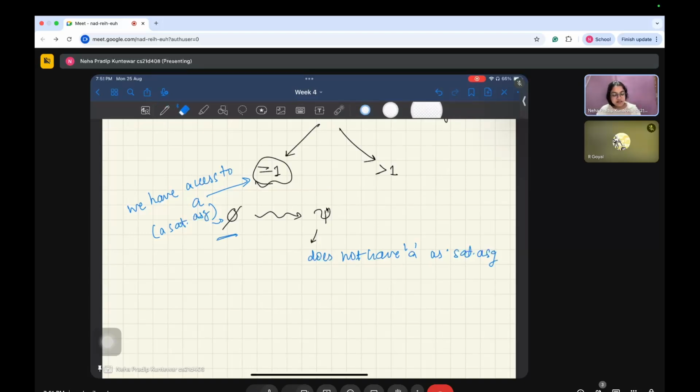So for every other assignment B, B satisfies phi if and only if B satisfies psi. Basically psi is the same as phi, only that this particular assignment A does not satisfy psi. If we could somehow get such a psi, and you have access to psi, then what do we do after this?